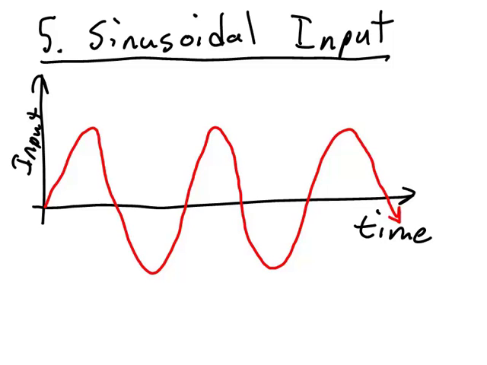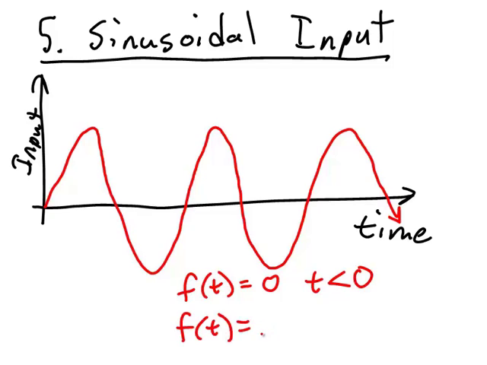Mathematically, we write the sinusoidal input like this. F of t is equal to 0 when time is less than 0. And f of t is equal to an amplitude A times the sine of some frequency omega times t when t is greater than or equal to 0.